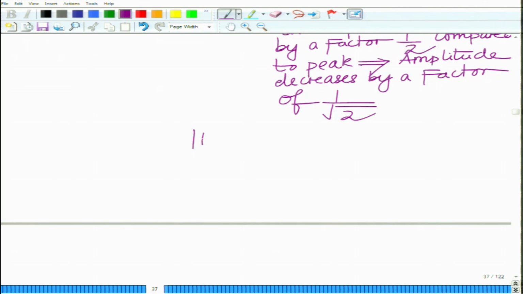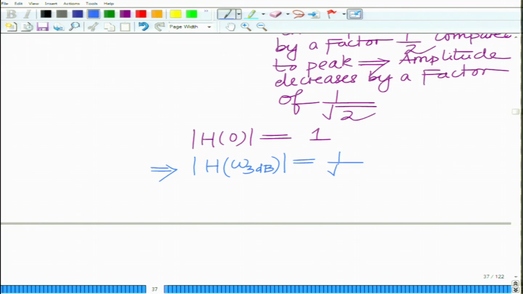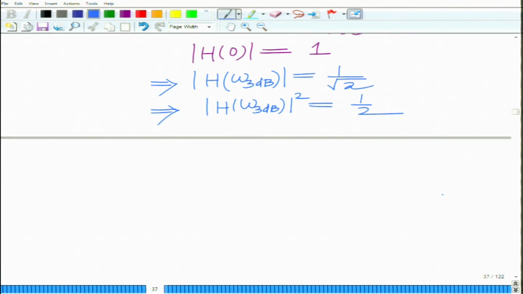So, we have magnitude H of 0 equals 1, which implies at the 3 dB point we must have magnitude H of omega 3 dB equals 1 over square root of 2, which implies magnitude H of omega 3 dB squared equals half. Basically, it is all related to the amplitude at the peak. So, this is half, 1 over root 2 into 1, which is nothing but half.